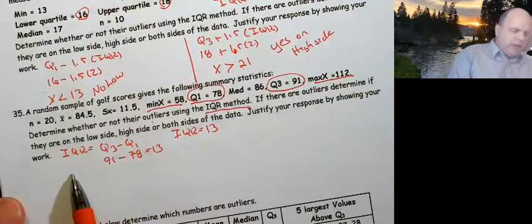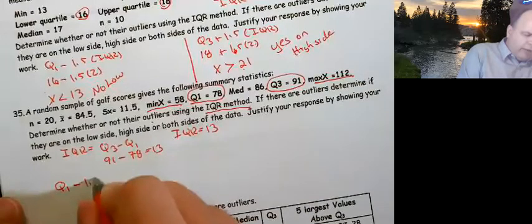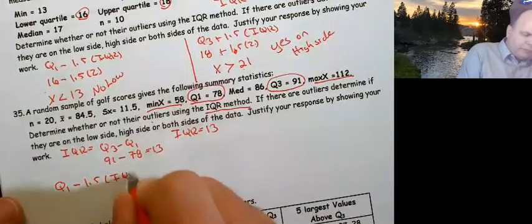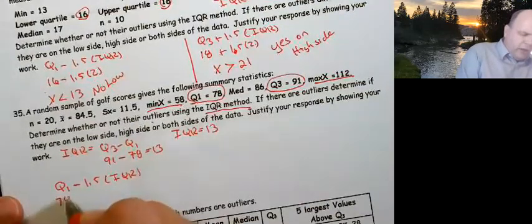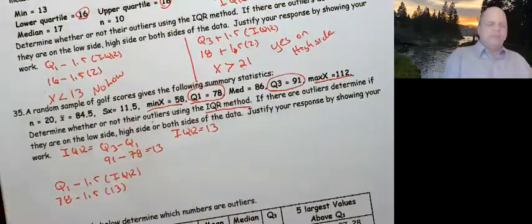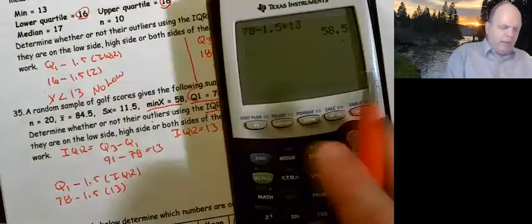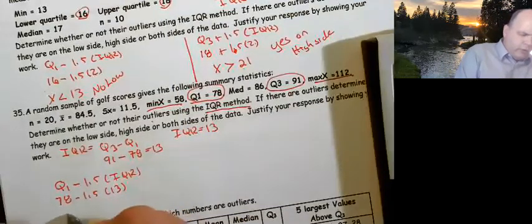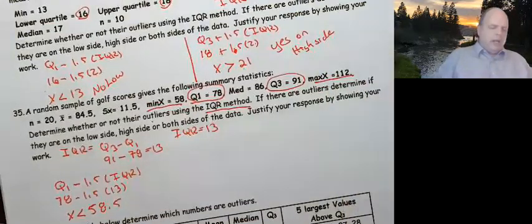So I need to do the low side. Check the low side out, and the low side formula is Q1 minus 1.5 IQR. So in this case, 78 minus 1.5 times 13. And so if I have an X less than 58.5, then I have an outlier.